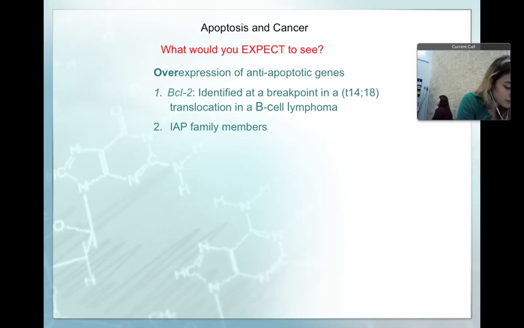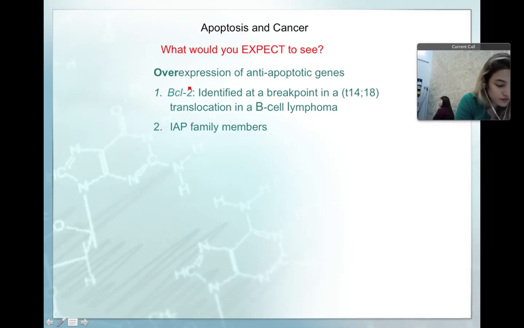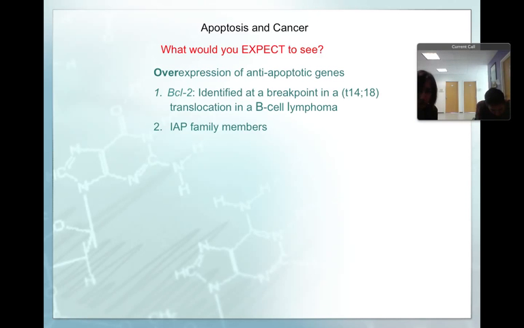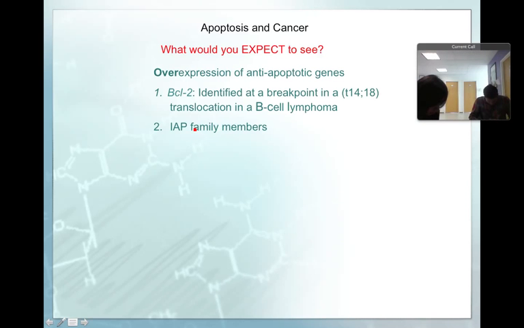Okay. So what happened in this case was there was a breakpoint. The BCL2 was no longer regulated the way it was supposed to. It was expressed at very high levels that overwhelmed any kind of death signals, and this cell was able to live when it shouldn't. Okay? The inhibitor of apoptosis proteins, IAP proteins, these are going to be expressed at high levels.